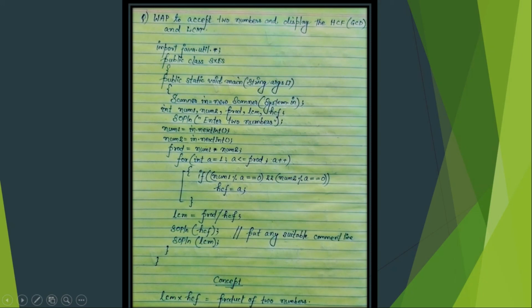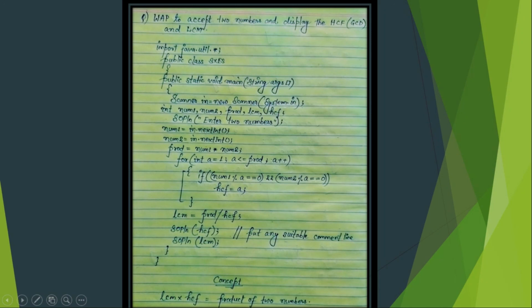So if num1 modulus a is equal to 0 and num2 modulus a is equal to 0, HCF becomes a. Let's suppose a is 1.